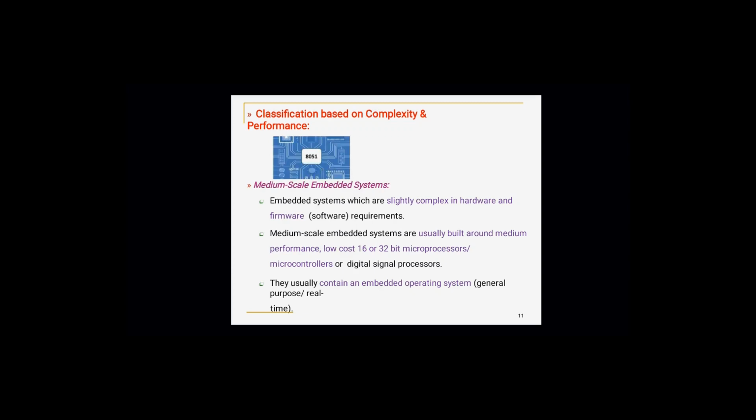Medium scale embedded systems have a somewhat medium critical purpose. Their hardware capacity and processor capacity are a little bit more, and the code or firmware inside is a little more complicated. Medium scale embedded systems are like health related equipment, microwave ovens, refrigerators, and televisions.